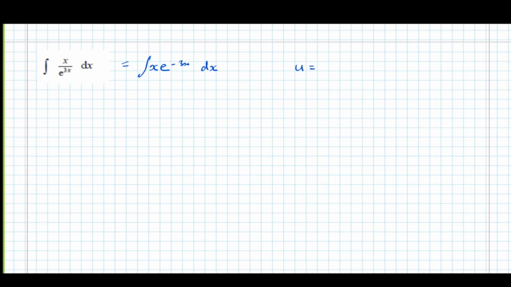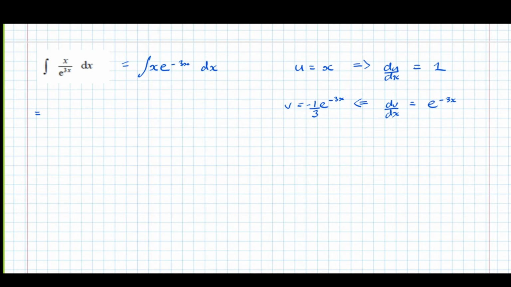So u equals x, which means that du by dx equals 1. dv by dx equals e to the minus 3x, which means that v equals, and the integral of that is itself. But remember, we must divide by the differential of the power, which means it's minus a third times itself. Chain rule for differentiation reversed.